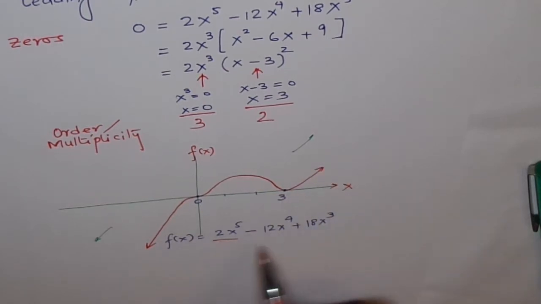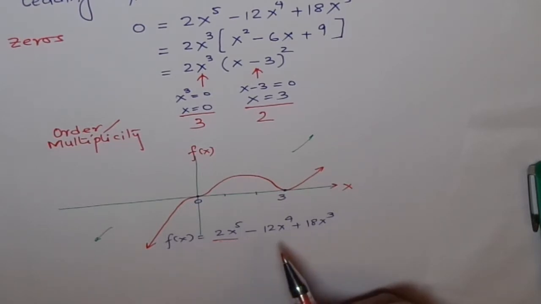Then factor this out. In case you are already given an equation in factored form, you don't have to factor it out. Then it's easy to find zeros. Equate each factor to 0 and find the value of x for which the function is 0. Then figure out the multiplicity of each zero, and that multiplicity will determine the behavior of the graph at that x-intercept.